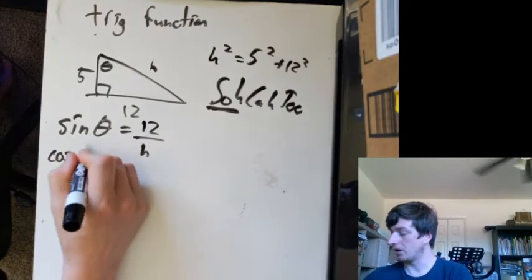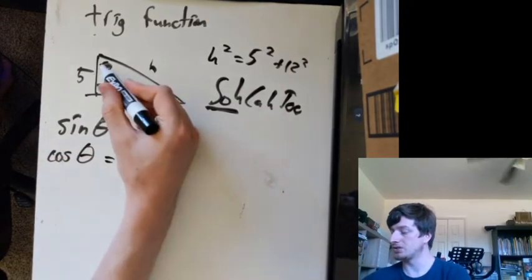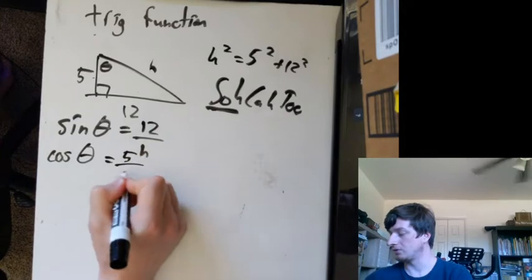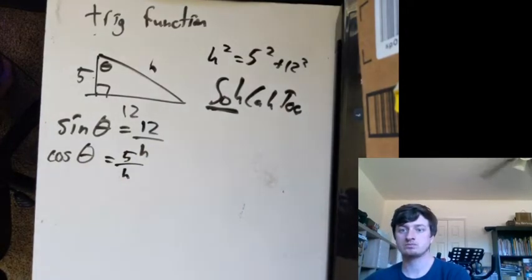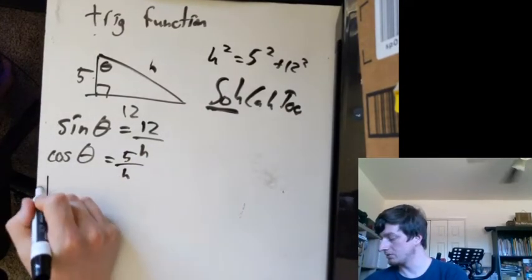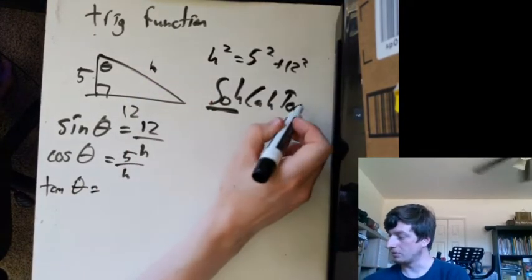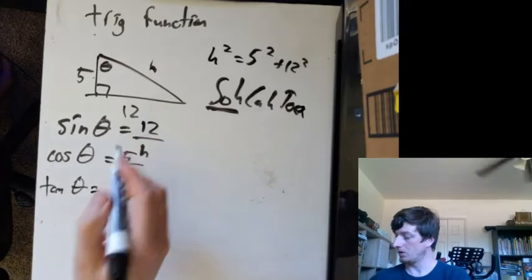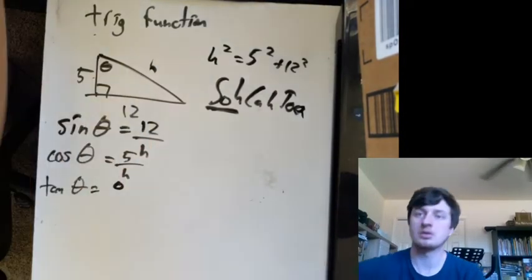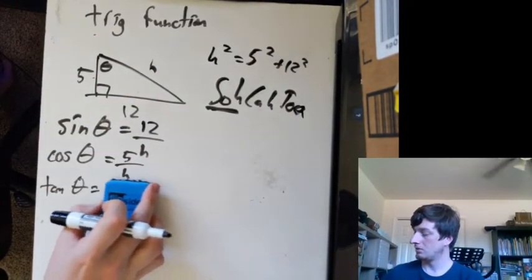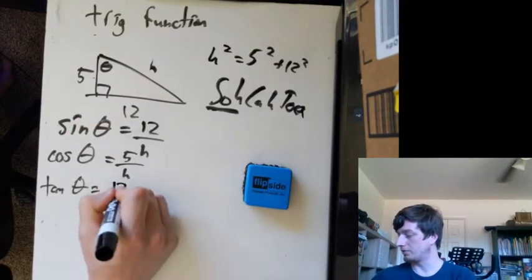Cosine of our angle, whatever that is, is adjacent over hypotenuse. That's going to be 5 over h. And then tangent theta is going to be opposite over adjacent. TOA, opposite over adjacent, oops, not L. Tangent is 12 over 5.